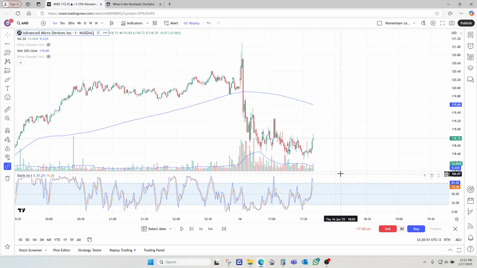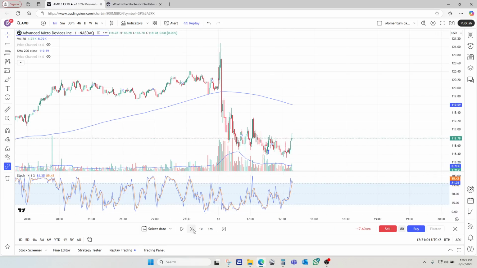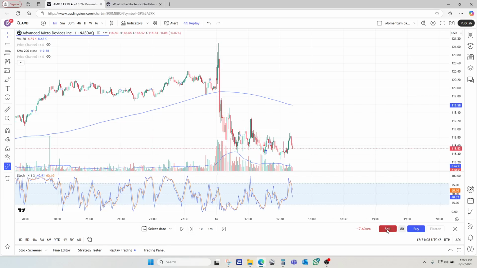It's actually going up. So we are on the top side. We are waiting for it to come underneath. We can also sell now, or let's wait and see for it to come underneath. There it is. Sell.